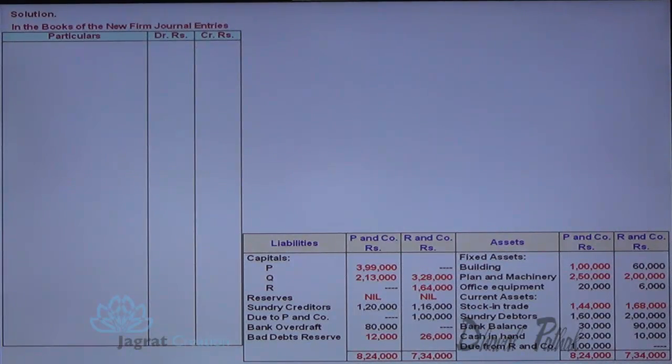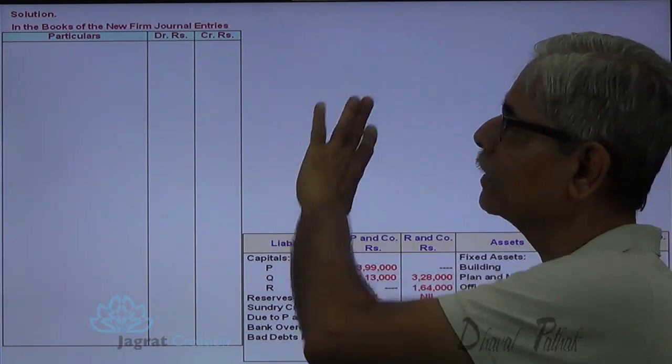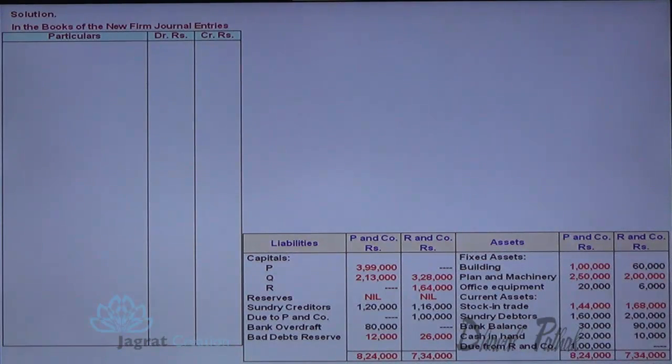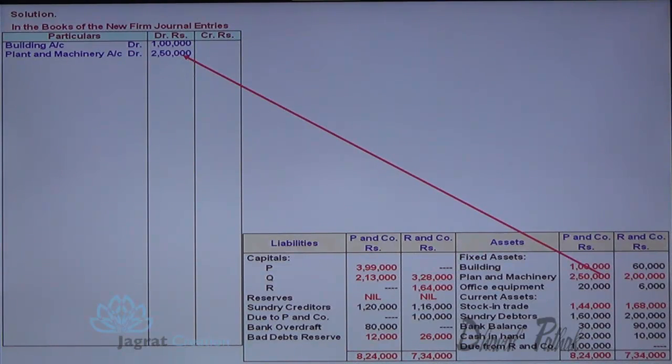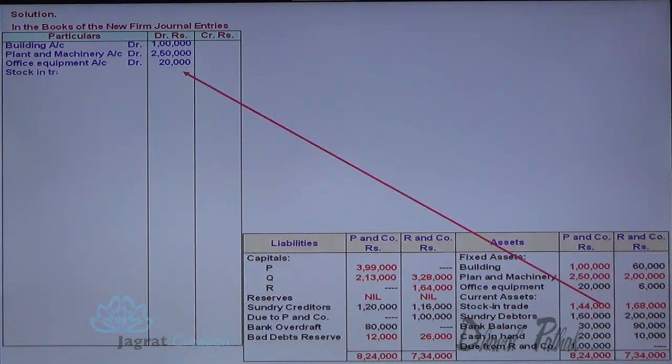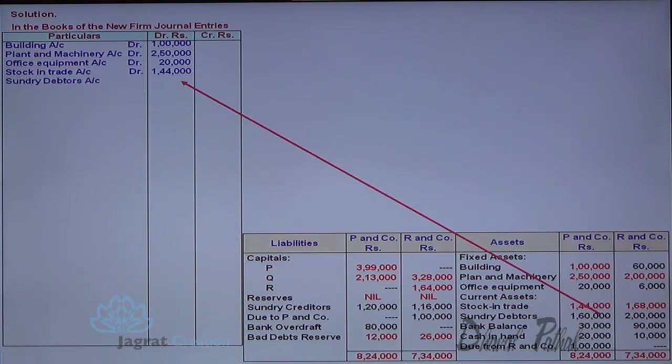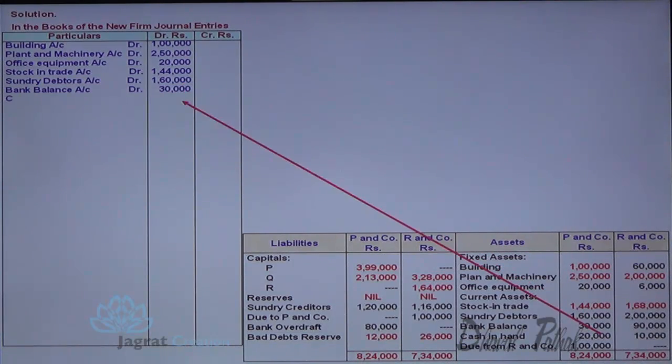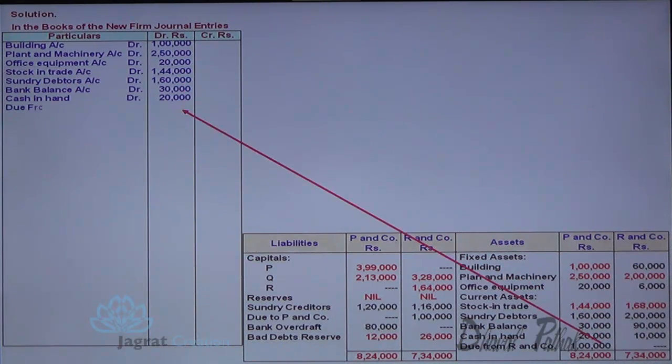So here, journal entries in the books of the new partnership firm, absorption of P and company: building account debit, plant and machinery account debit 2,50,000, office equipment account debit, stock in trade account debit, debtors account debit, bank balance account debit, cash account debit, due from R and company account debit.